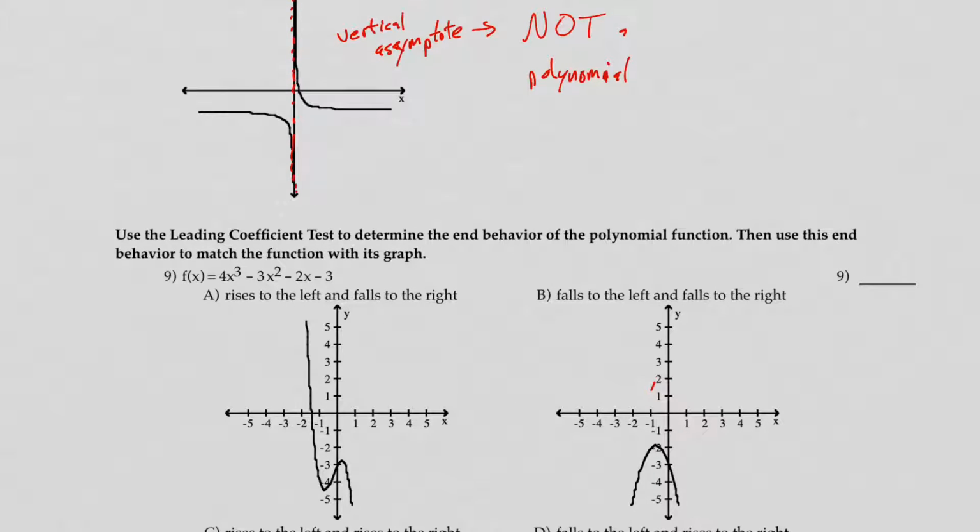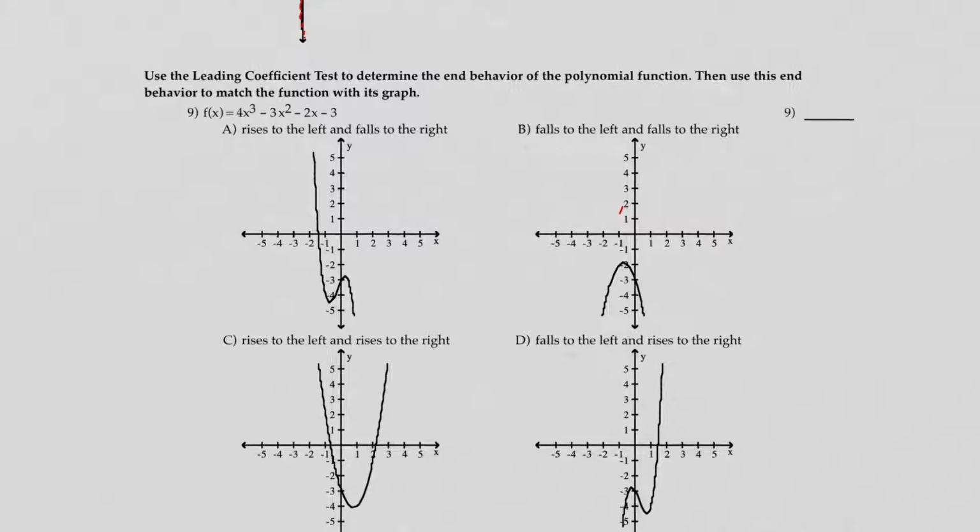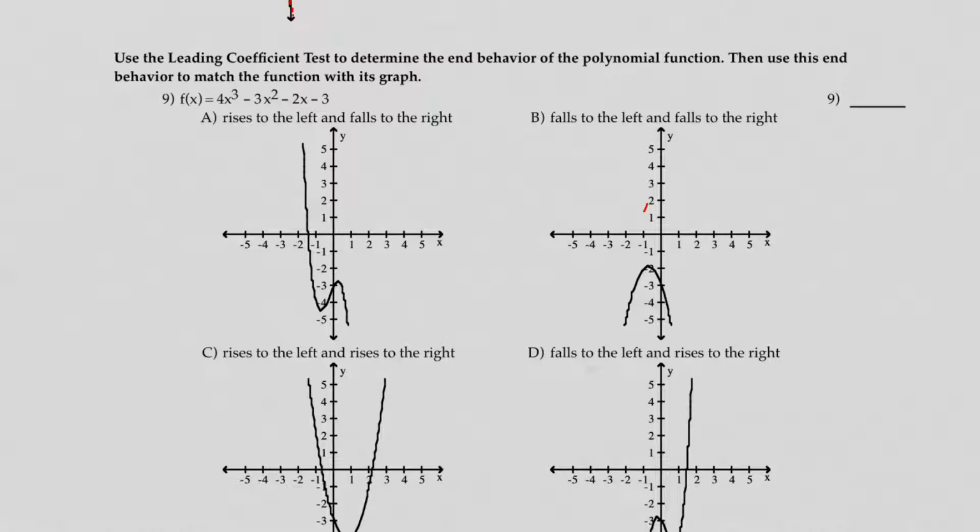All right, now we have number 9. In number 9, it just wants to know end behavior. So end behavior is basically right there. You're looking at the leading coefficients.